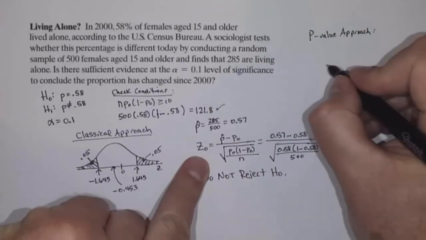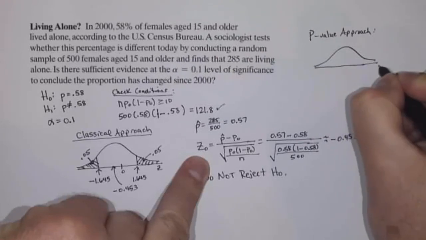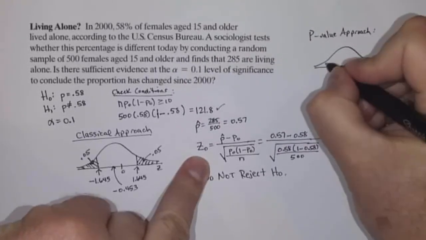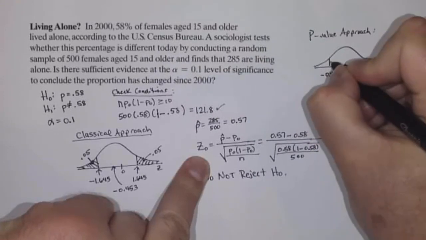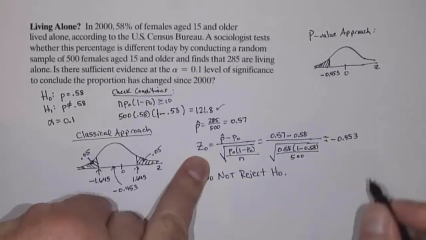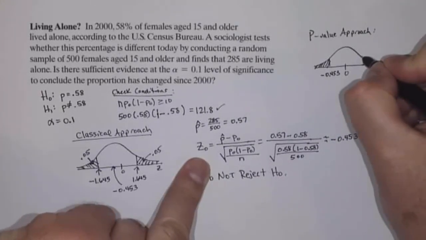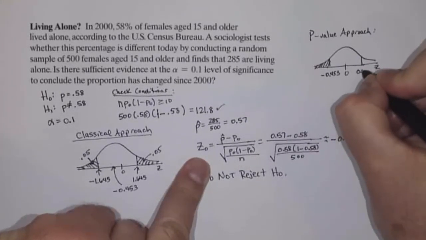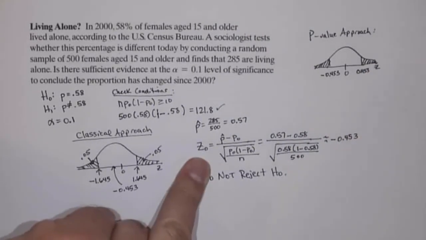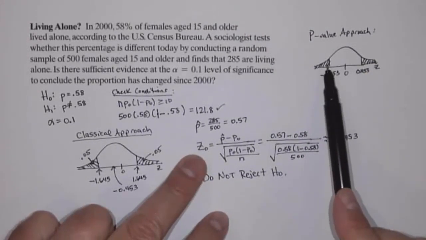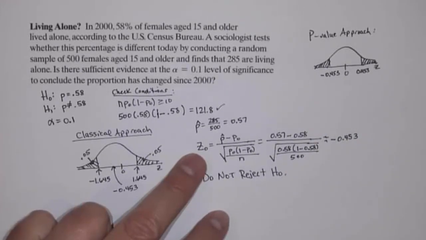And so for the p-value, I'm going to find negative 0.453, and I'm going to find the area to the left of that. But because this is a two-tailed test, I'm also going to find positive 0.453 and find the area to the right of that. And so the total area in those two tails will be the p-value.